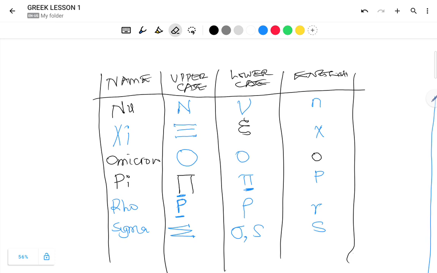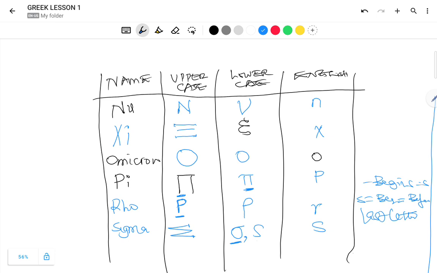When the word in question has the letter S in it, and that letter is at the beginning, or somewhere from the beginning to before the last letter, the sigma that is used is this one.